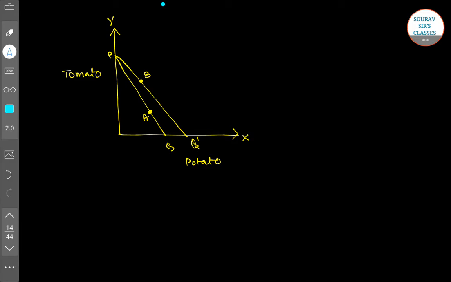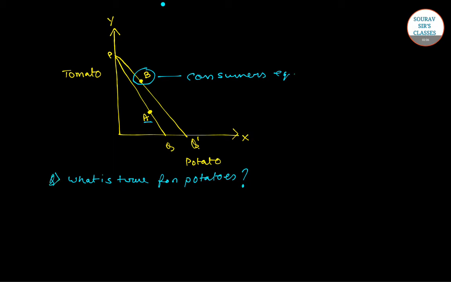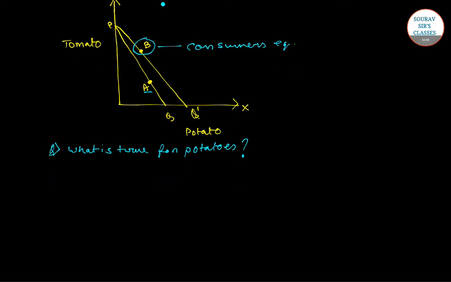The consumer comes to equilibrium at point B instead of A. So this is the consumer's equilibrium instead of point A. So we have to find what is true for potatoes.